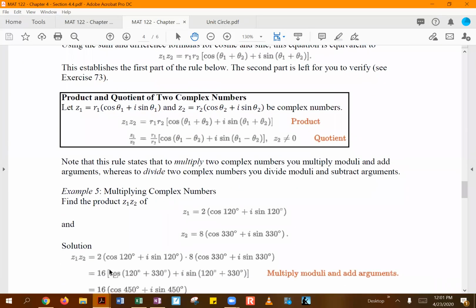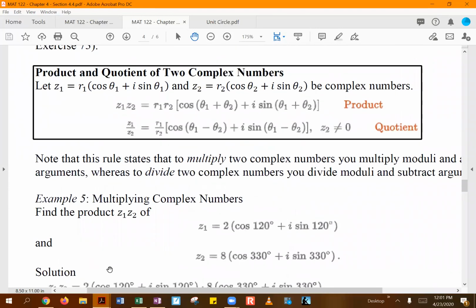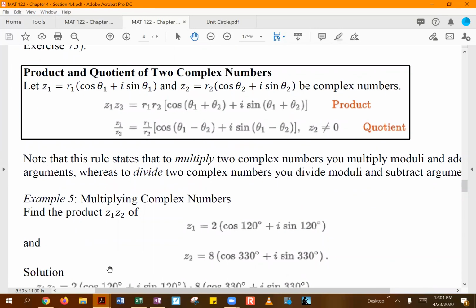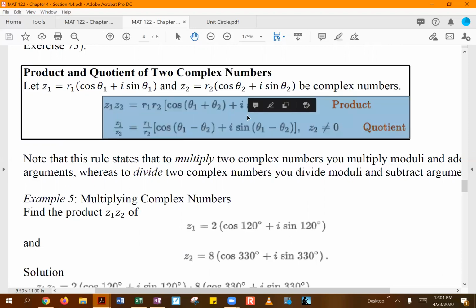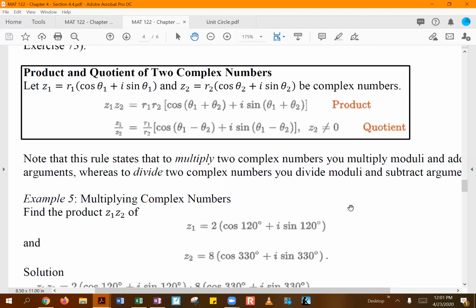Now, obviously, you can always do the FOIL method like we had seen in 4.1, but since we are talking about two different angles in our cosine and sine functions, we use this first one, where Z1 times Z2 is where we take the modulus of each complex number. R1 gets multiplied by R2, and then in the parentheses, you will have cosine of theta 1 plus theta 2, plus i sine of theta 1 plus theta 2.